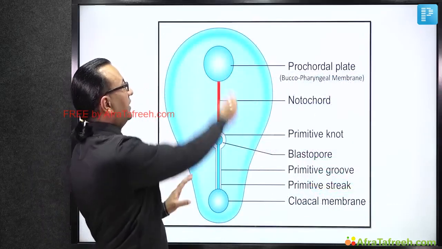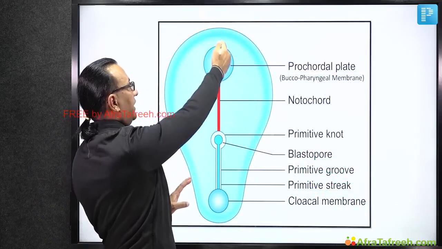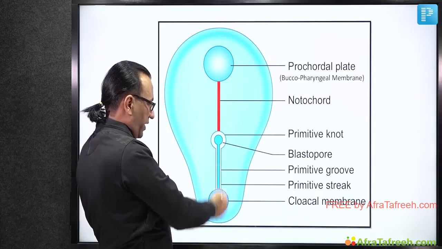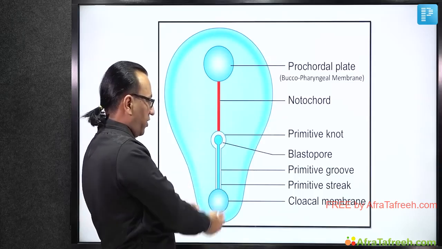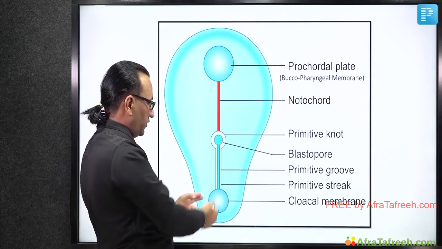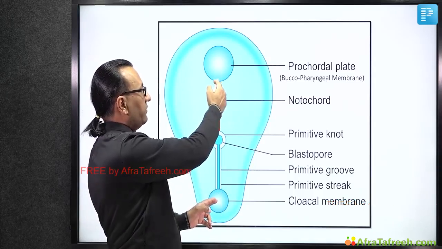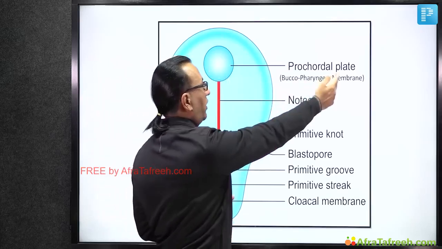So this is the dorsal view of the developing baby. We are looking at the cranial end or the anterior end, and this is going to be the posterior end or the caudal end. It is from here that the primitive streak starts forming, and before we see the cloacal membrane or the buccopharyngeal membrane, the very first thing which appears is the procordal plate.